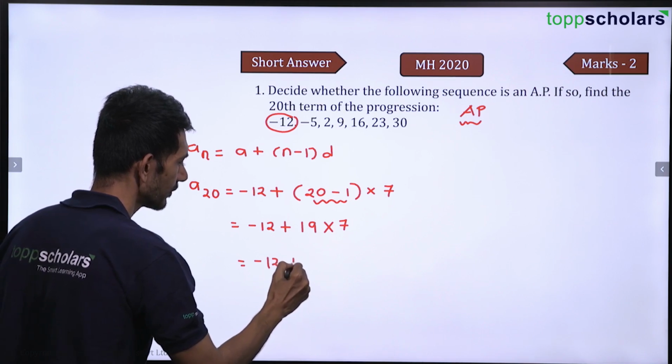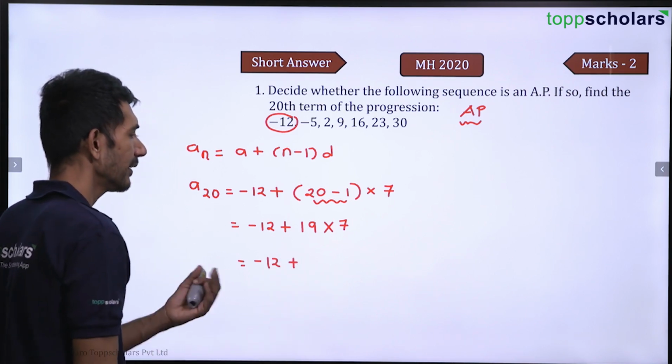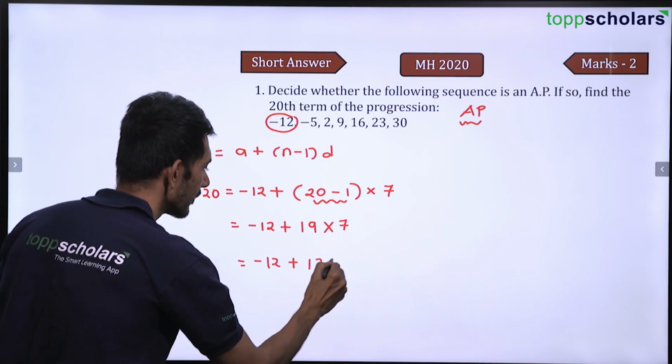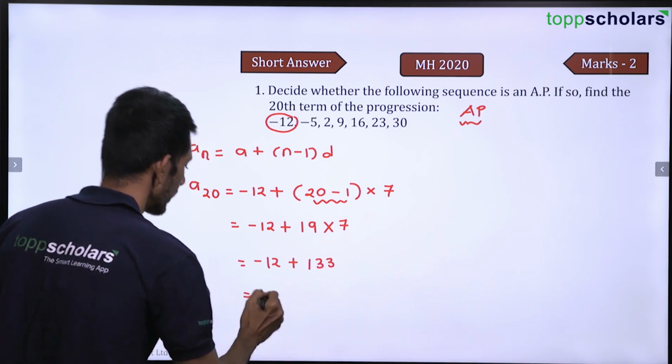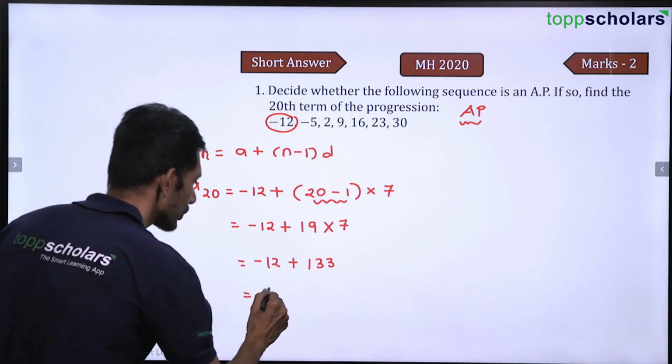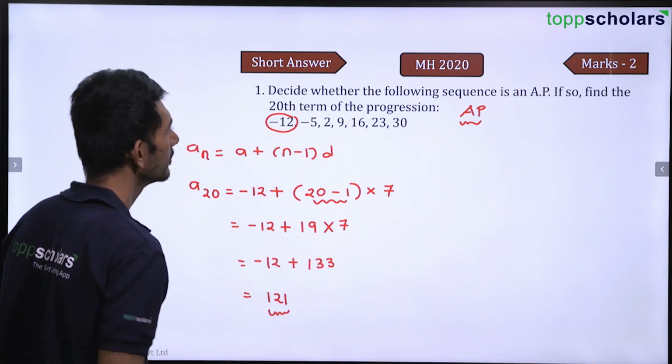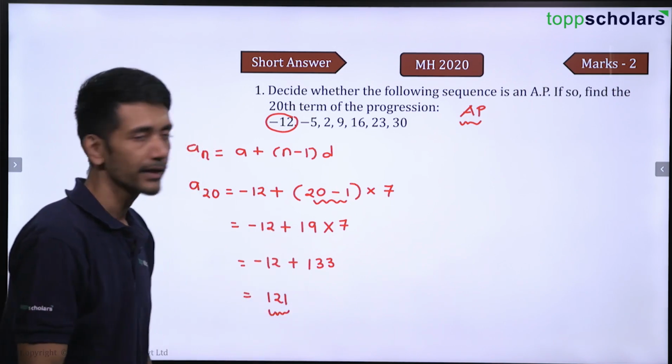That is minus 12 plus 19 into 7, that is 133, right? And then 133 minus 12 is going to give me 121. So the 20th term is 121, right?